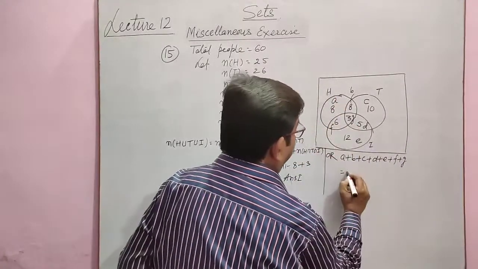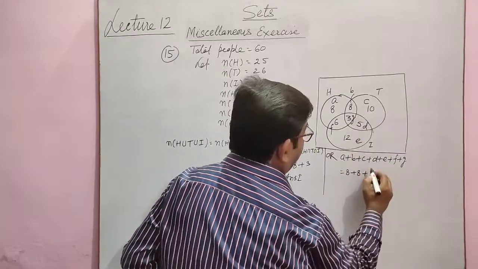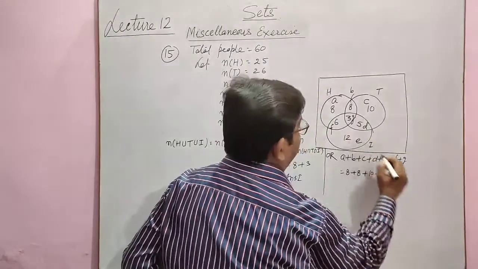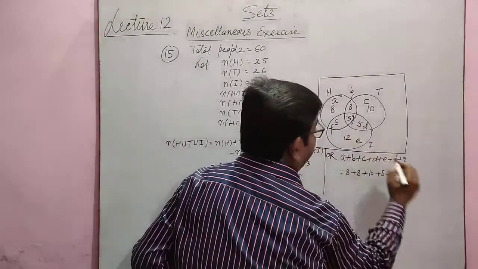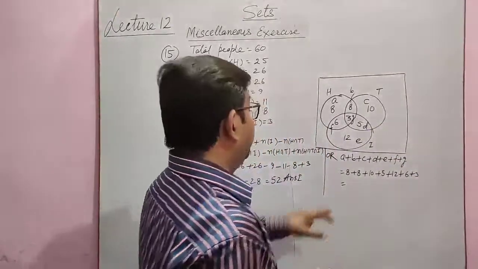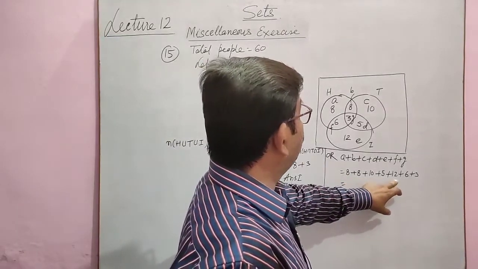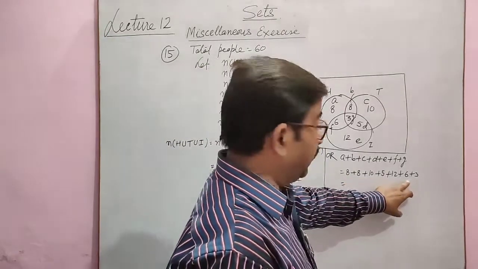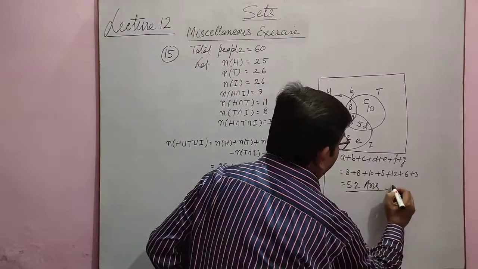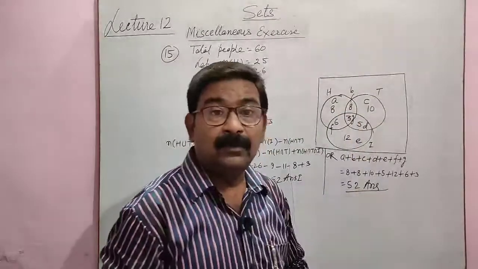A, we have 8 plus B, we have 8 plus C, we have 10 plus D, we have 5 plus E, we have 12 plus F, we have 6 plus G, we have 3. Add all these. 8 and 8, 16 plus 10, 26 and 5, 31 and 12, 43 and 6, 49 and 3, 52. So this is how we get the answer. This way 52 by formula, by Venn diagram.